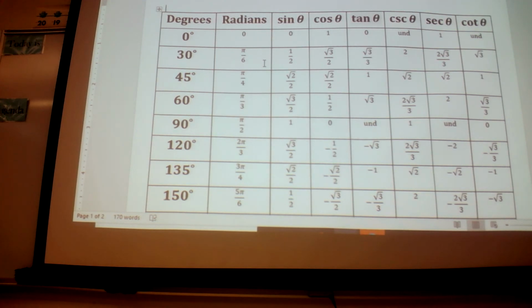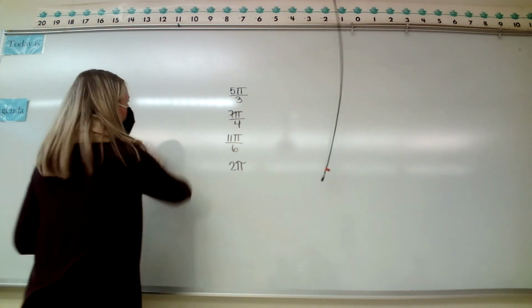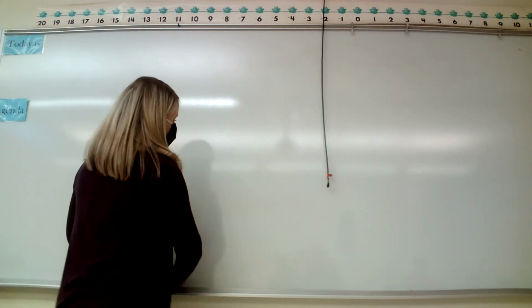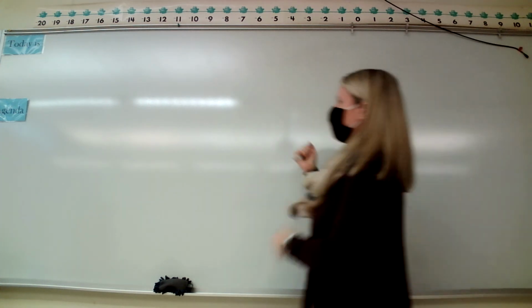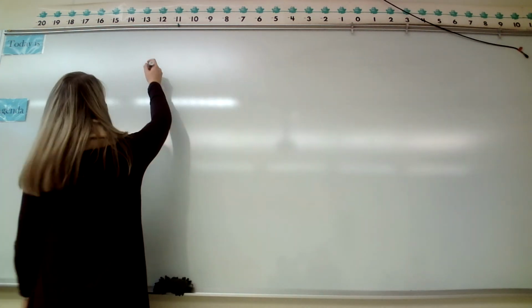Okay, so what I'm gonna do now, you're going to have your chart in front of you. You're going to be using it. I'm going to not have this up anymore. So using your chart, can you find these values? Ready? So find the exact values.